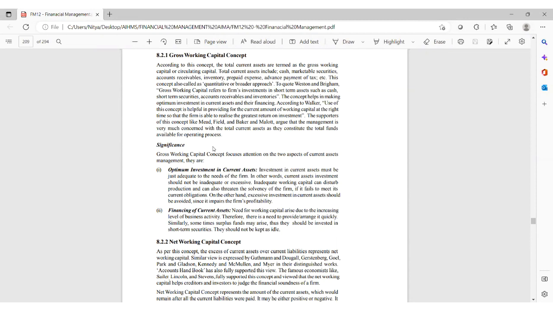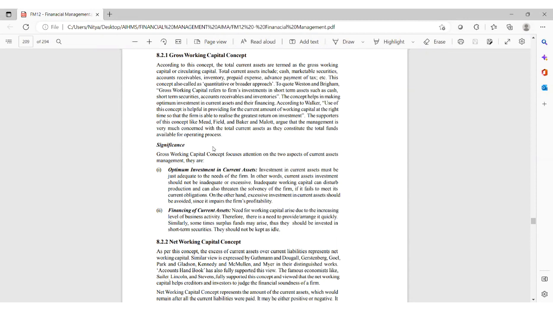But it has its own significance, because whenever we are talking about gross working capital, it focuses our attention on two main aspects of current assets management. That is optimum investment in current assets, because the investment required in current assets should be adequate enough for the firm, and should not be inadequate, because ultimately it is the current assets because of which you are able to conduct your business, right?